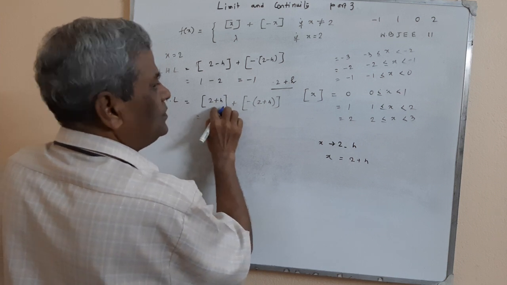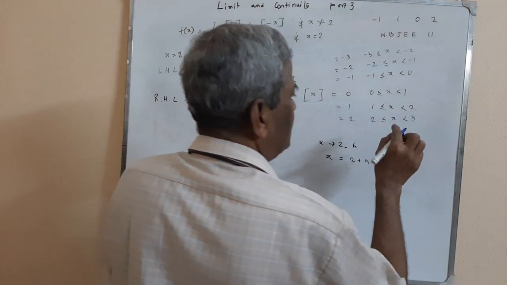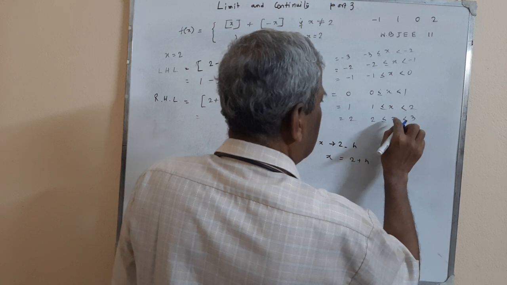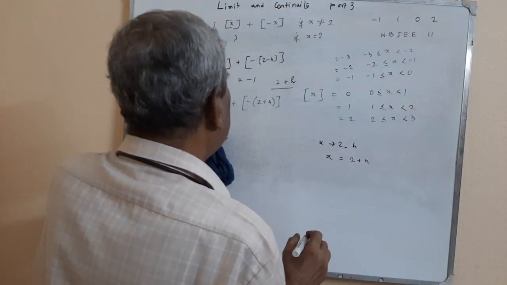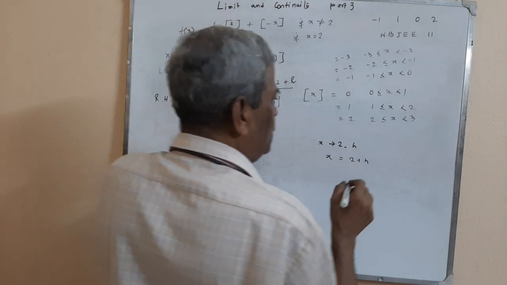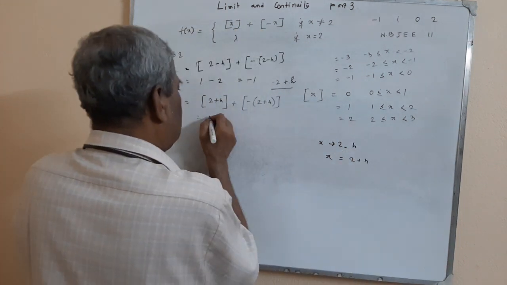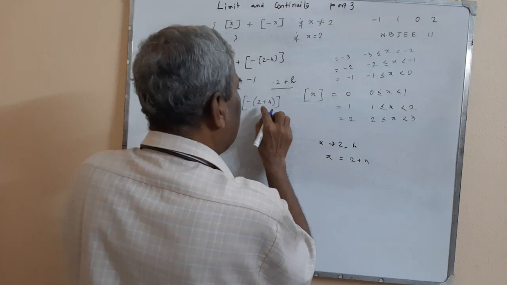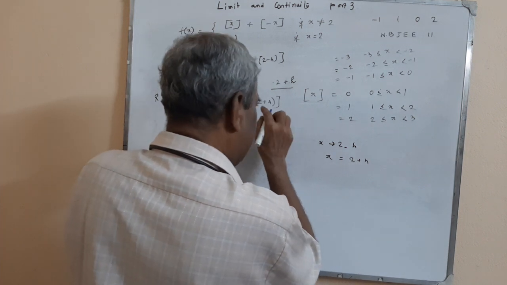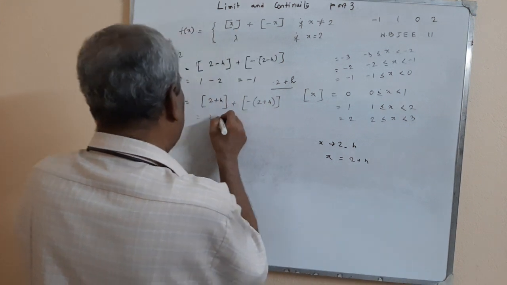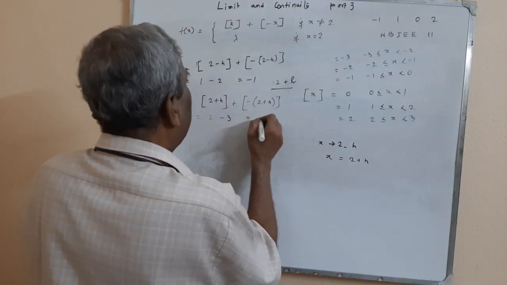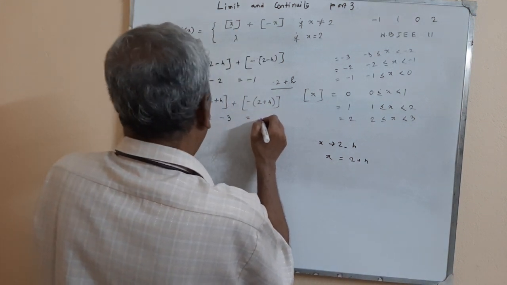It is more than 2, just 2 point something, so it is 2, and minus 2 plus h is less than that, so it is equal to minus 3, so that once again it is minus 1.